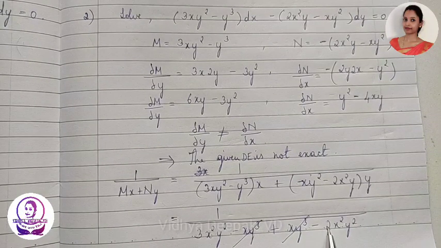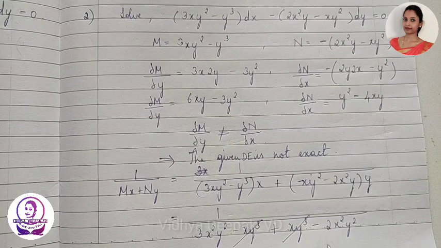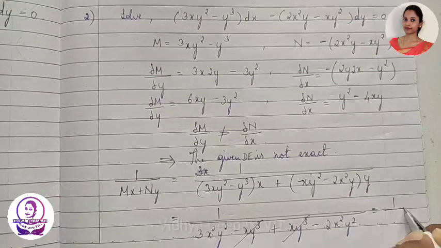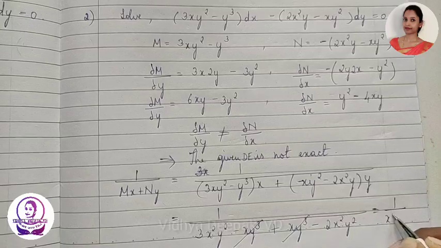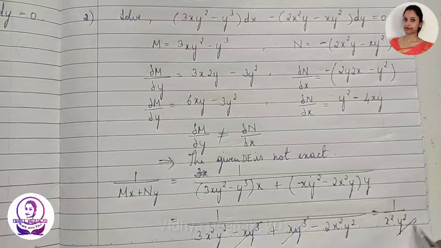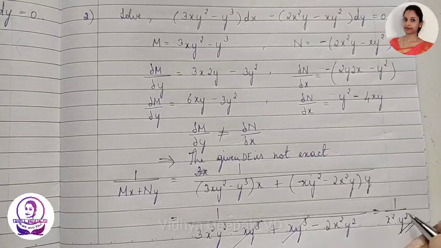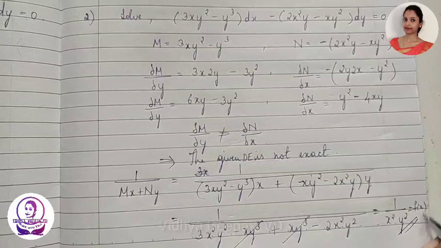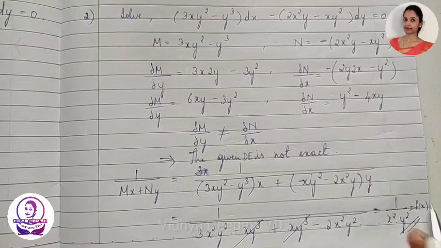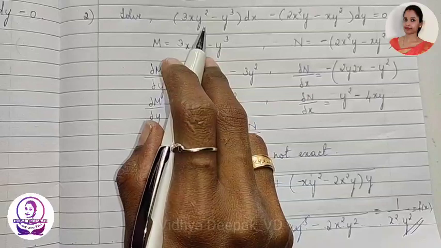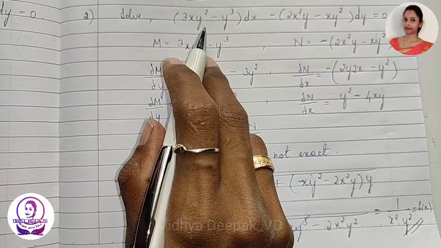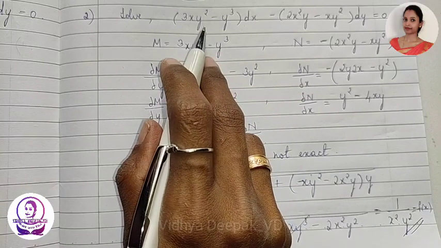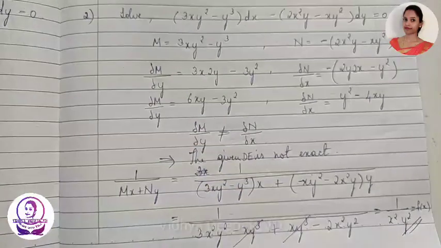So 3 minus 2 is 1. So we'll get 1 by x square y square as your f of x, right? So we can multiply this function with the given equation in order to make it an exact differential equation. Then we can continue with the method of exact differential equation.